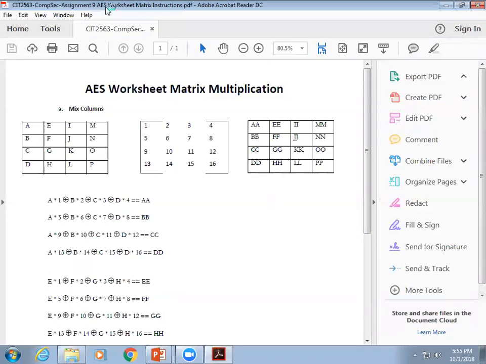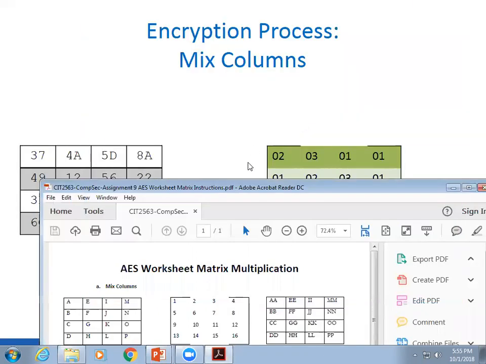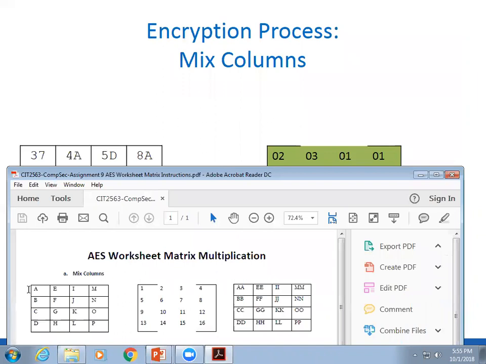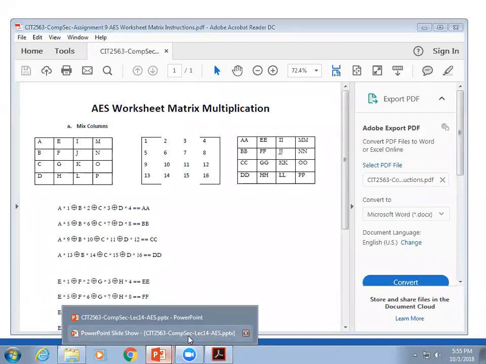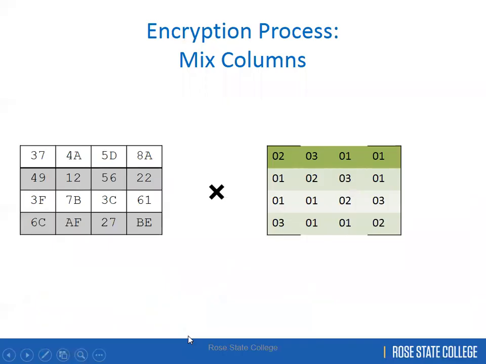So just like I'm showing you on the slides in the back there, you see like that first column, 37 is actually an A, 4A is an E, 5D is an I, so on and so forth. And see these numbers here, the 2, 3, 1, 1, those are right in here. Well, when you do this, we're going to walk through this real quick, then we're going to get back to this document again. And we want this one. Okay, here's how MixColumns works.